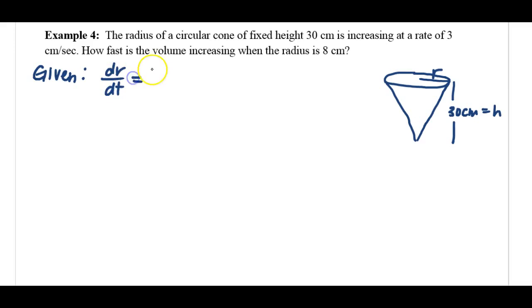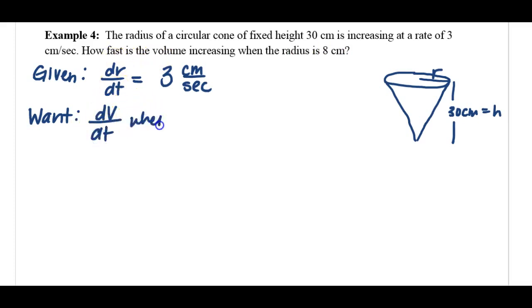The rate of change of the radius is 3 centimeters per second. And we're being asked to find, we want, how fast is the volume increasing when the radius is 8 centimeters? So I want the rate of change of the volume. How fast is the volume changing when the radius r equals 8 centimeters?